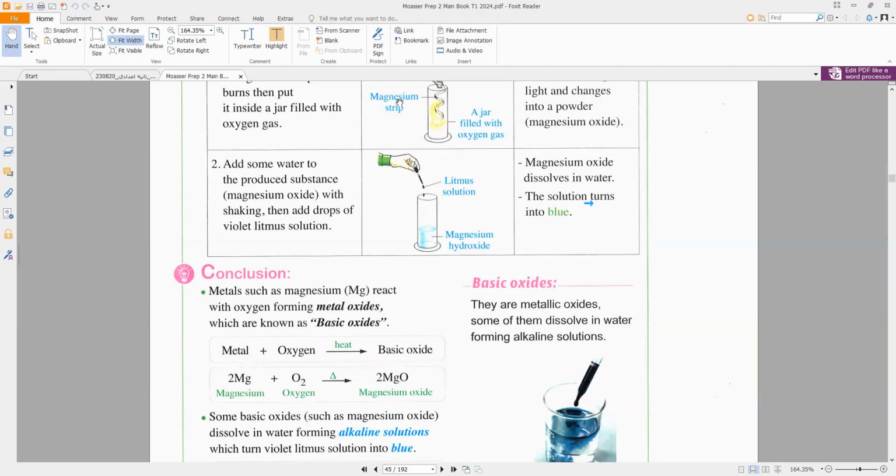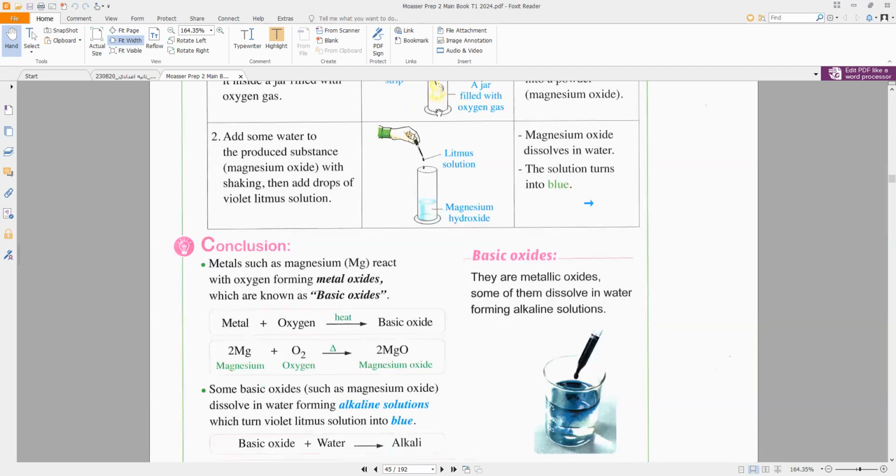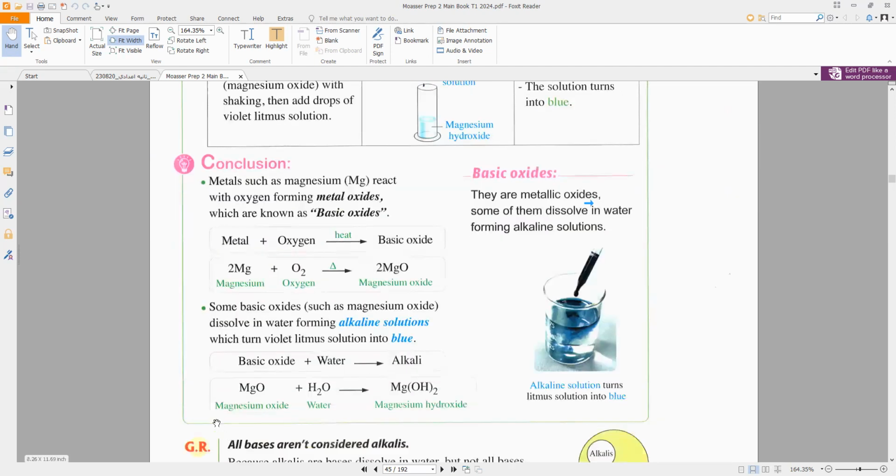So when magnesium reacts with oxygen, forming magnesium oxide, this is a basic oxide or metallic oxide. When we add water to the magnesium oxide and dissolve it, it forms magnesium hydroxide, meaning it's a base.